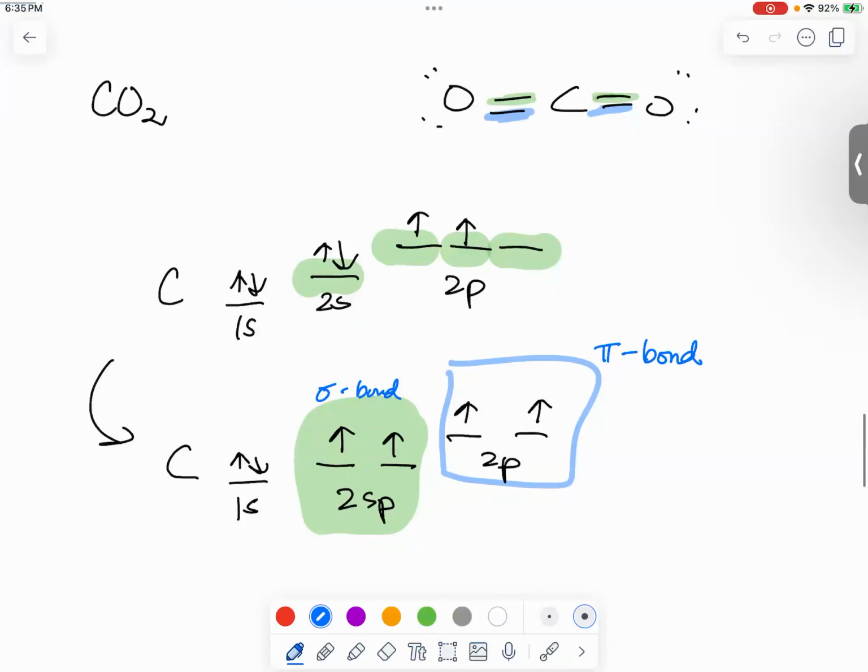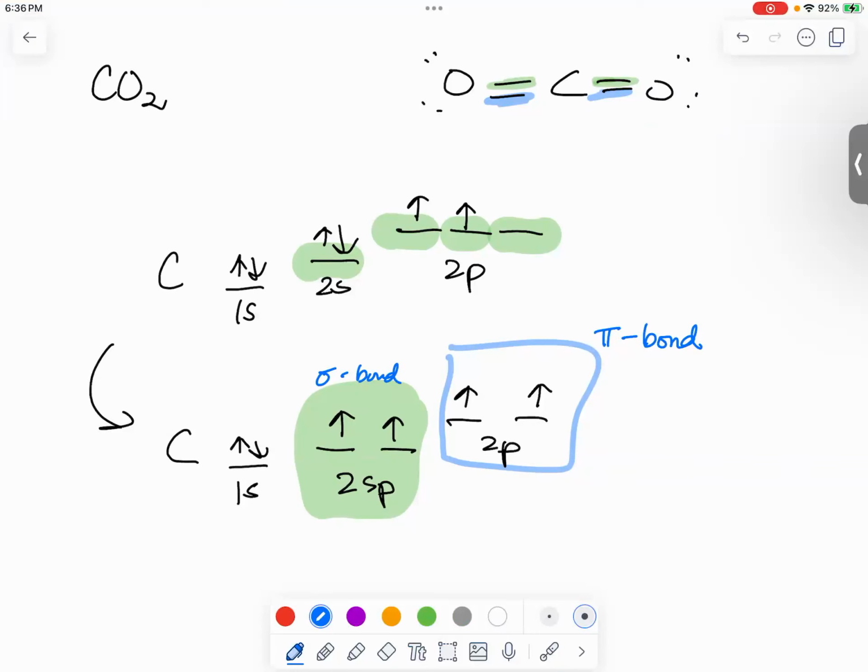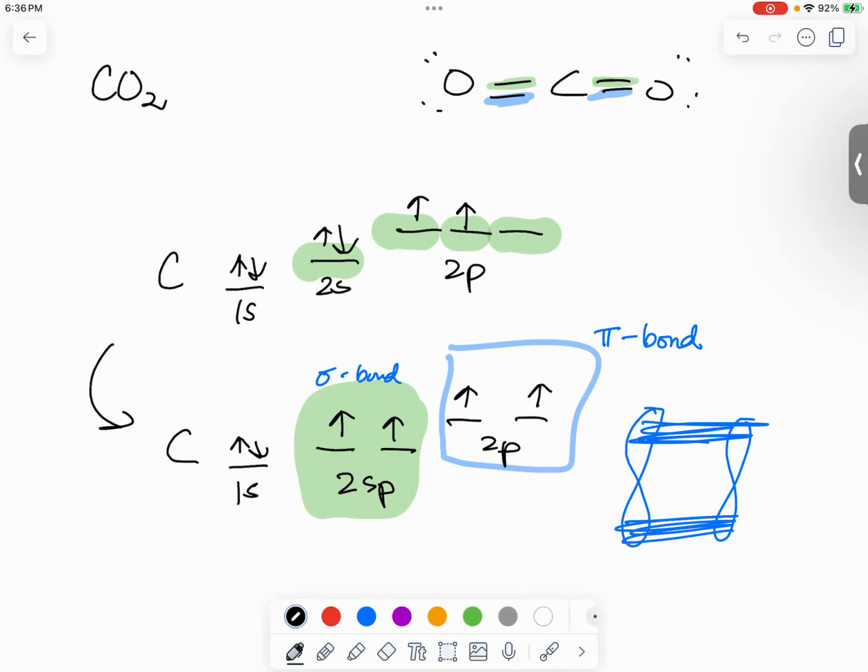If you go onto the internet, if you Google search pi bond, you actually see a diagram that looks like this. Okay, so it is the overlapping of p orbitals, and that looks like a pi, and that's why we call them pi bonds. So the count of these orbitals here would be 2 sigma and 2 pi.